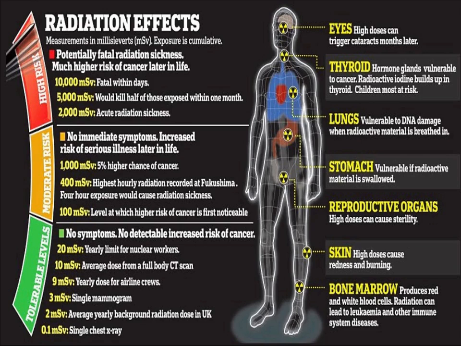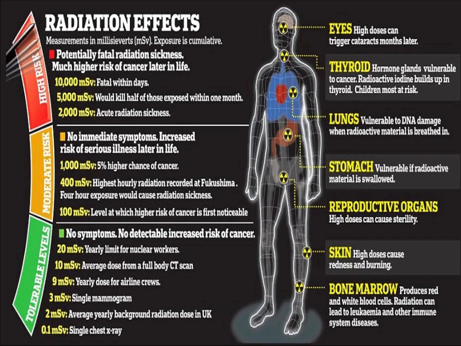Going up, 20 millisievert is the maximum limit for a nuclear worker or a medical radiation staff worker. Up to this dose, there are no symptoms and no detectable increase in cancer.